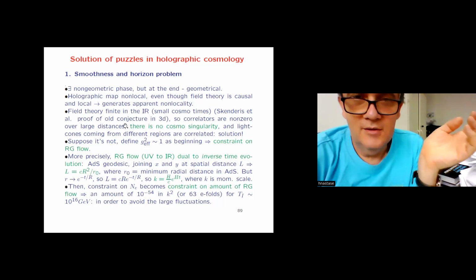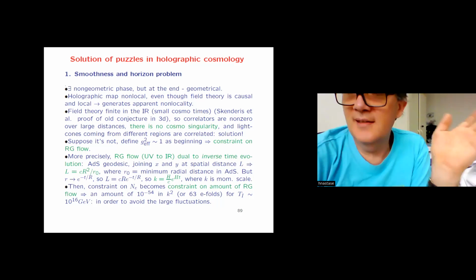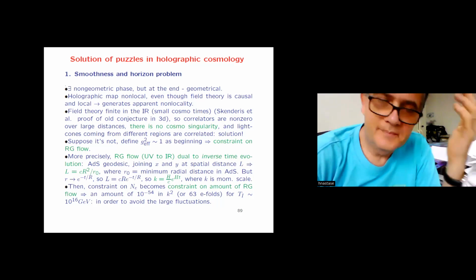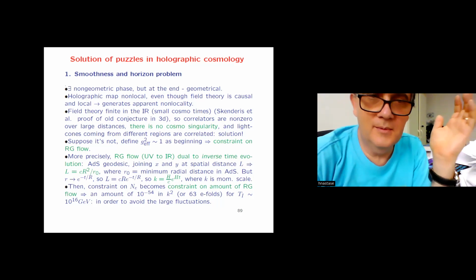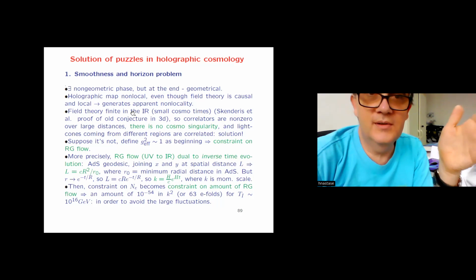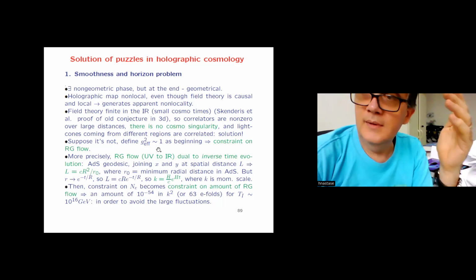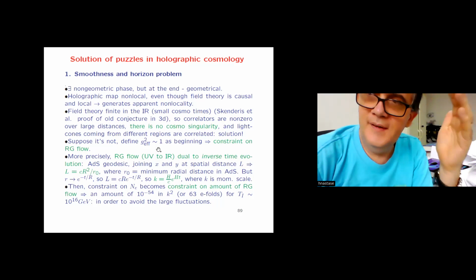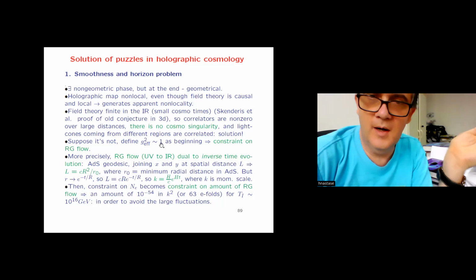But fine, so this is the actual solution, but let's suppose it's not, just so that we understand a little bit better what's going on. Let's suppose the theory would not be infrared finite. But let's define as the beginning of the universe the point corresponding to g squared effective of the order of 1.